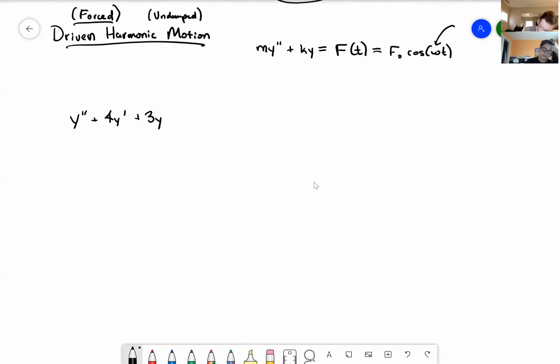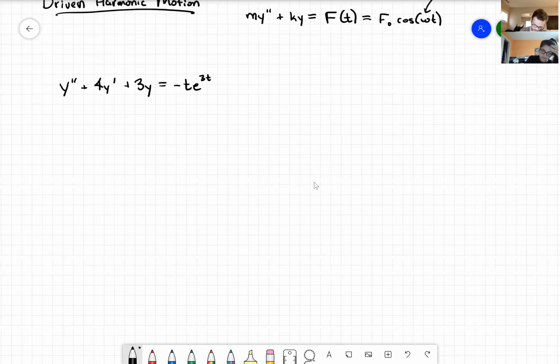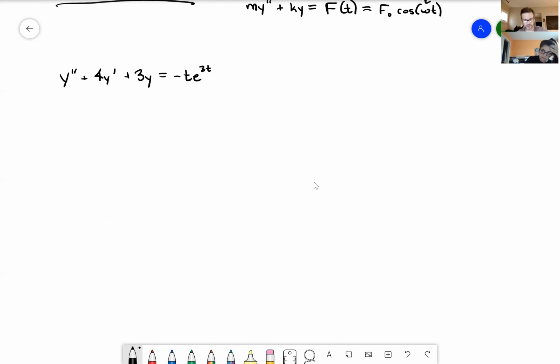Okay, so let's take a look at this. So this is equal to minus t e to the 3t. If we use the method of undetermined coefficients, then there's this step of eliminating the exponential.